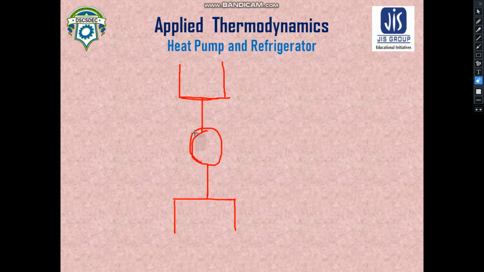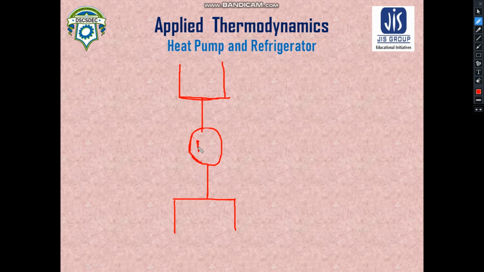So if you remember, a heat engine always takes heat from the high temperature reservoir and provides some work output, and after that some amount of heat is rejected. This is the basic mechanism by which a heat engine works.